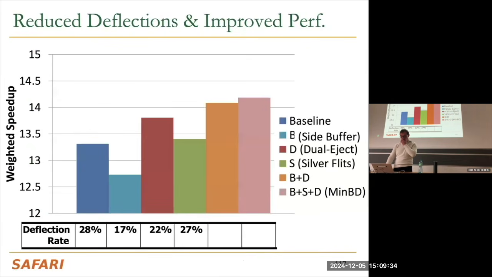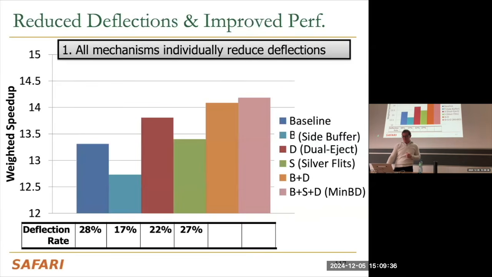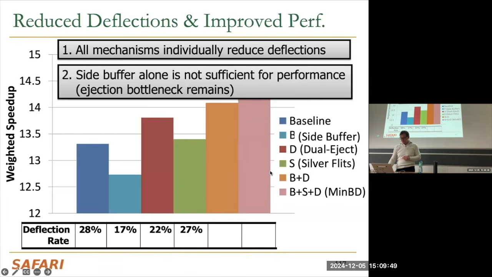Okay, so these are the results. Very quickly, all mechanisms individually reduce deflections because they're designed to reduce deflections. So you can see that these are the different deflection rates with different mechanisms. Yeah, so side buffer alone, if you look at this blue one, is not sufficient for performance.